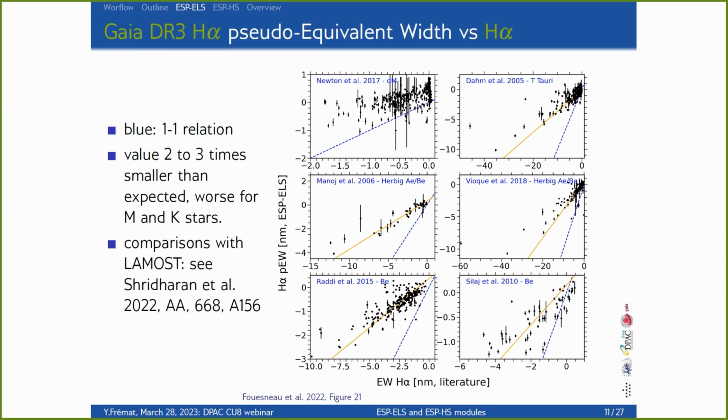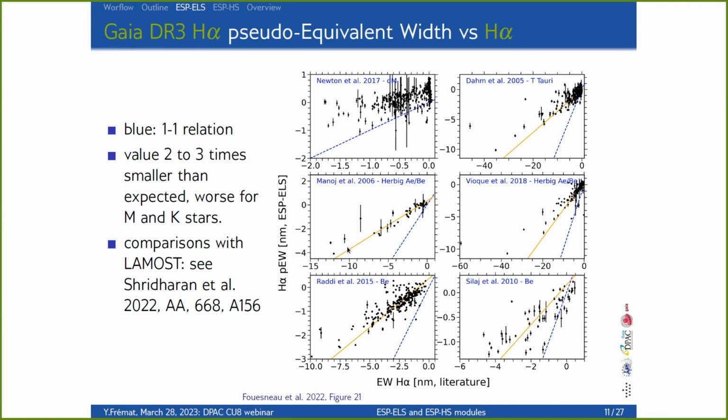In a case-by-case situation, I think it is still possible, with adapted synthetic spectra, to correct and make fruitful use of these measurements. It's just a question of putting some more time on the analysis of these pseudo-equivalent widths. These are the comparisons that we have done during the validation.